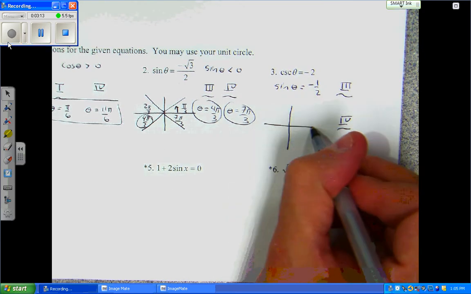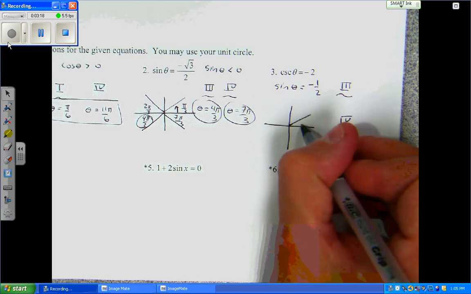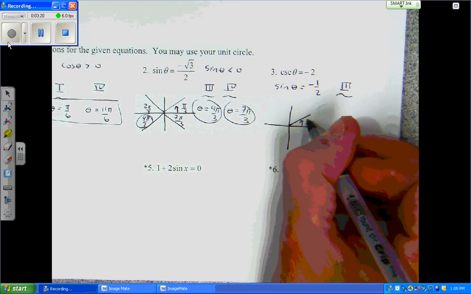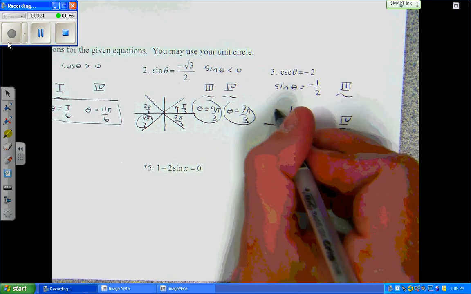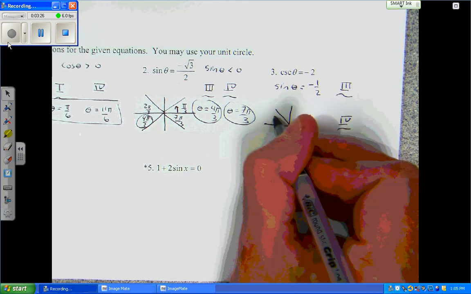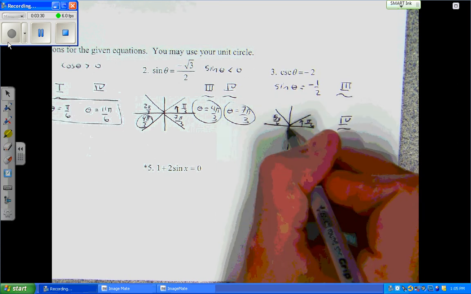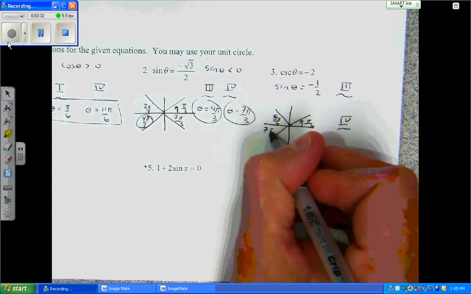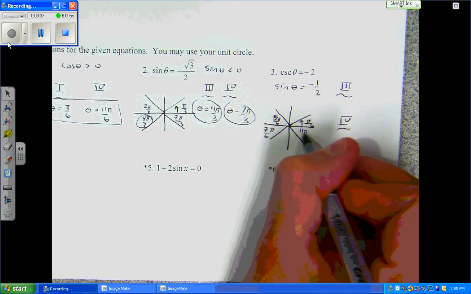Well, where my y value is 1/2, we know that's going to hopefully be at the angle for pi over 6. So I go through pi over 6. In the second quadrant, that's going to be 5 pi over 6. In the third quadrant, 7 pi over 6. And in the fourth quadrant, 11 pi over 6.